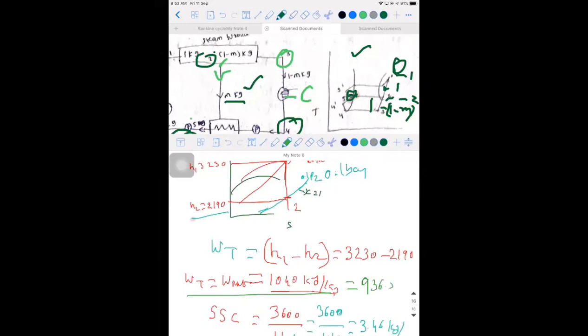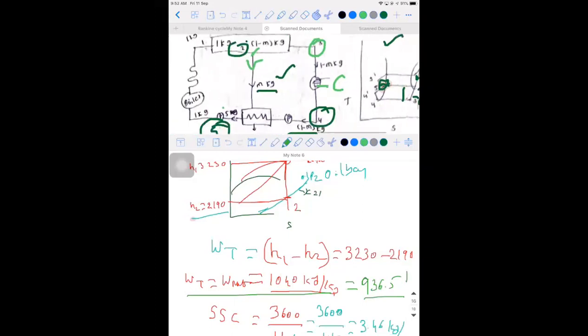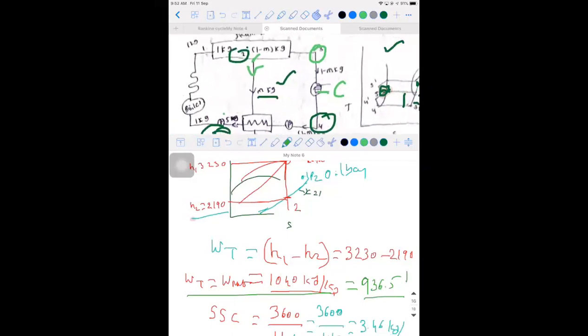So, compared to without regeneration, we are able to produce less work in the case of regeneration. The reason is that all the steam is not expanded. Sir, you can observe, all the steam is not expanded right from boiler pressure to condenser pressure. A part is bypassed. That's what happens, sir.